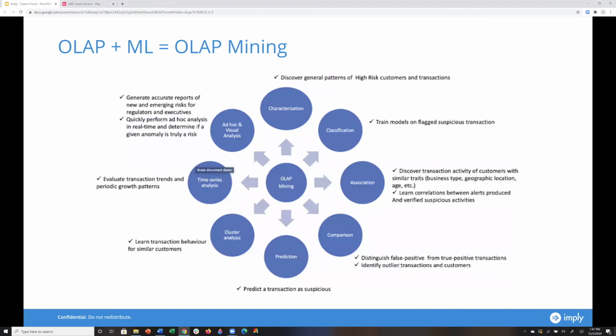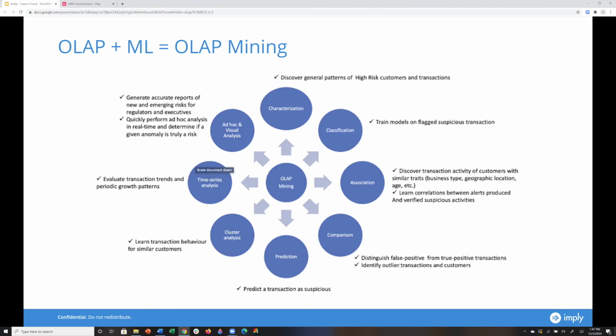So Brian and Scott heavily focused on machine learning, and now we're augmenting that with OLAP as well, which we now call OLAP mining. And so with Imply, we are used as the backend for training the models, and also exposing all of this raw transaction data so that the analyst can associate different types of transactions.